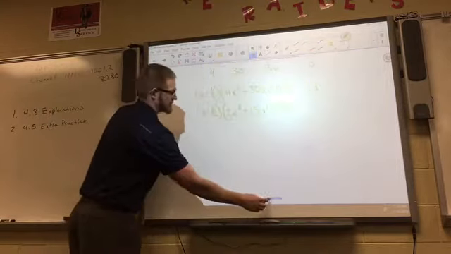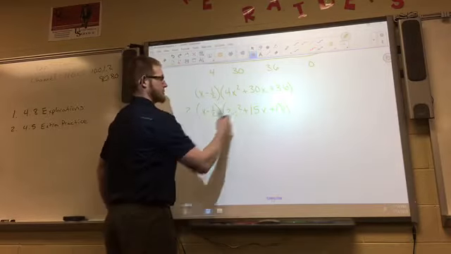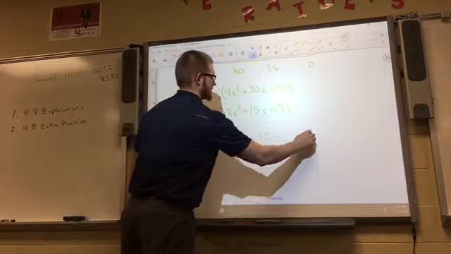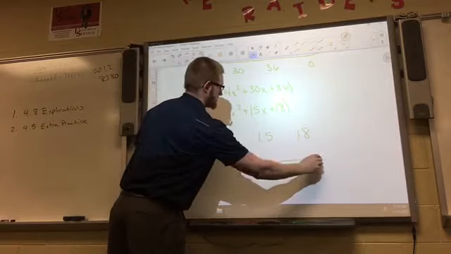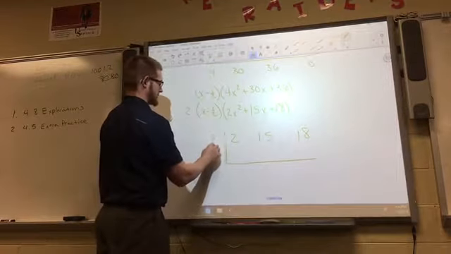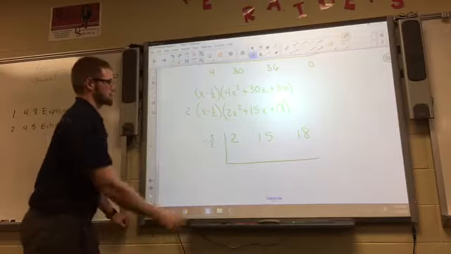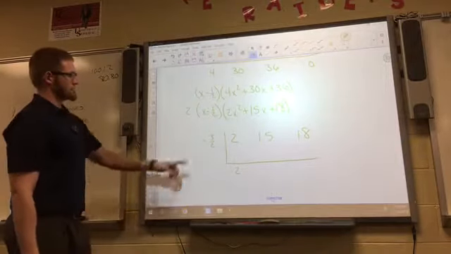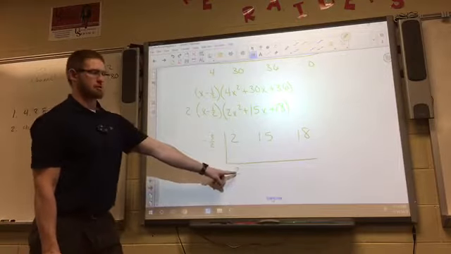Okay, so now I'm going to take this, and I'm going to do synthetic division again. So I have 2, 15, 18. But this time, I'm going to do it with negative 3/2. What is negative 3/2 times 2?